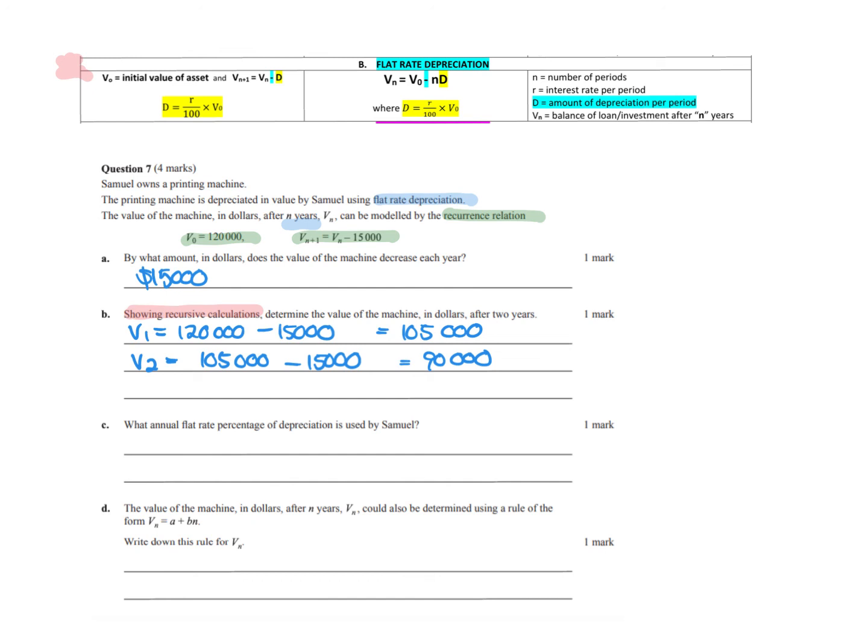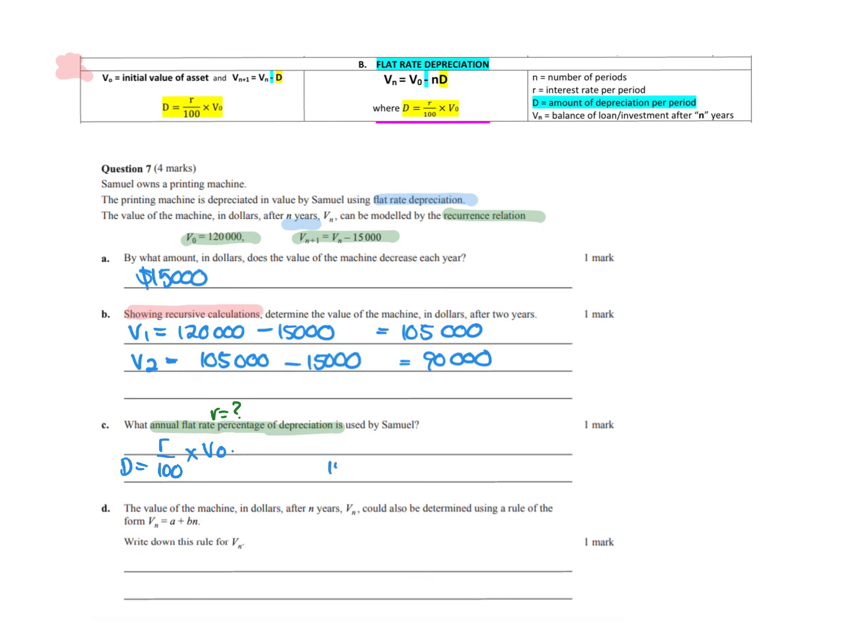So what is the annual... here, they want the annual flat rate percentage of depreciation. So really, the question here is the R. So what you're going to do is look for something you know that has that R in it. And we've seen that the D formula is R over 100 times V0. Now I could substitute all that information in.